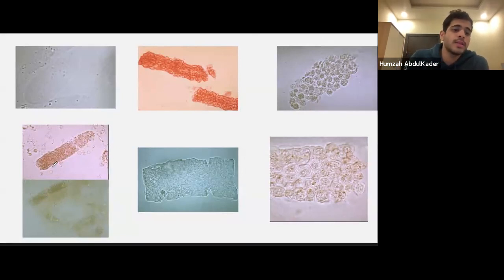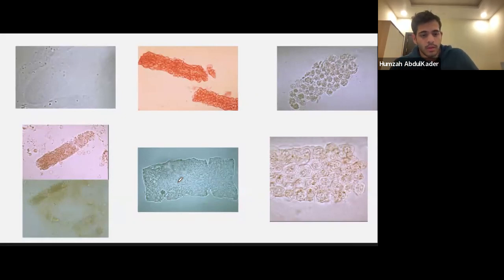And then we already said that this one was the granular cast. Granular cast we said was associated with acute tubular necrosis. What is this one here, bottom middle? Waxy cast. And what is it associated with? End-stage renal disease. Okay, and then the last one over here? Perfect. Epithelial. I'm not sure if you have to know what it's associated with. Do you guys know what it's associated with?